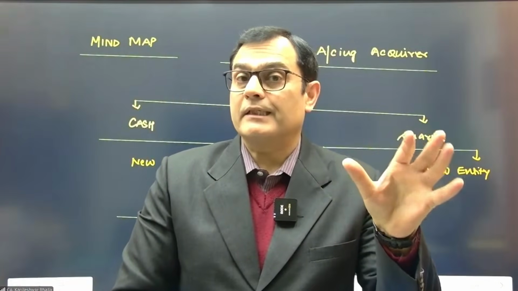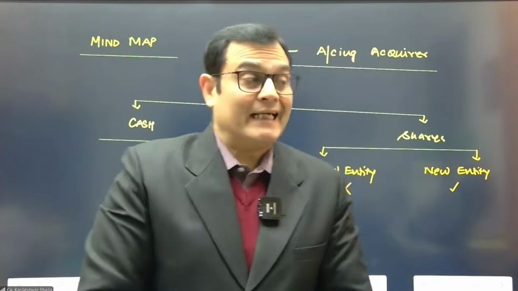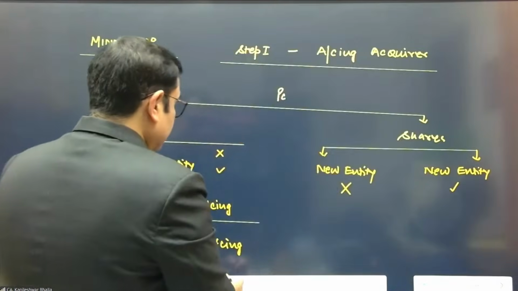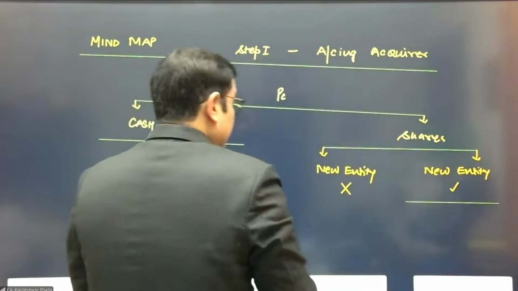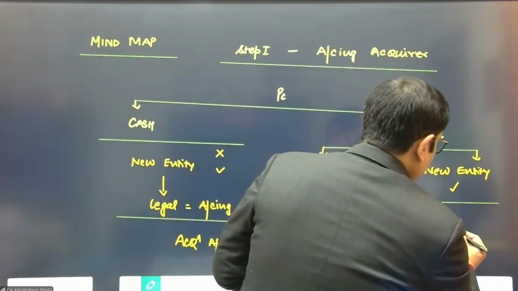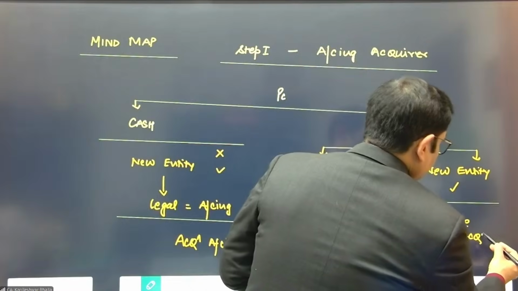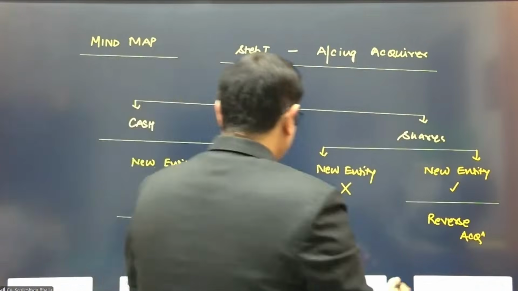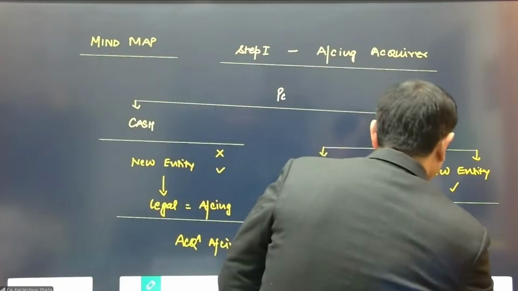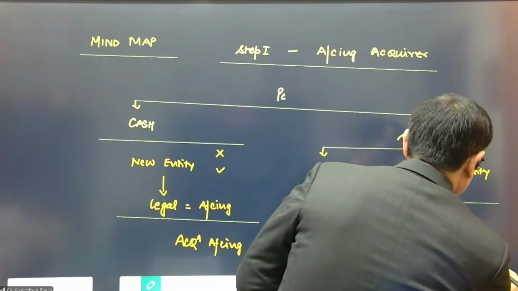The legal and accounting acquirer is the same. The PC is in shares, and in this case, a new entity is created. So when a new entity is created, we decided it is undoubtedly going to be a case of reverse acquisition. The legal and accounting acquirer, of course, is not the same. So in this particular case, we can say the legal and the accounting acquirer is not the same.